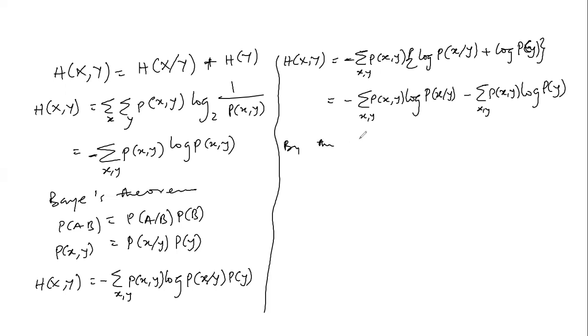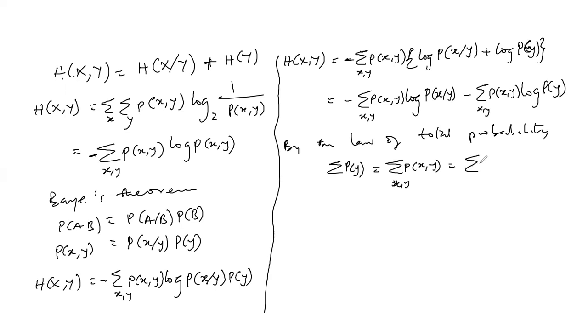So by the law of total probability, we have that, we're dealing with y, P of y is the same as the joint distribution, say sum over x of P of xy, which is the same as the sum of this product.